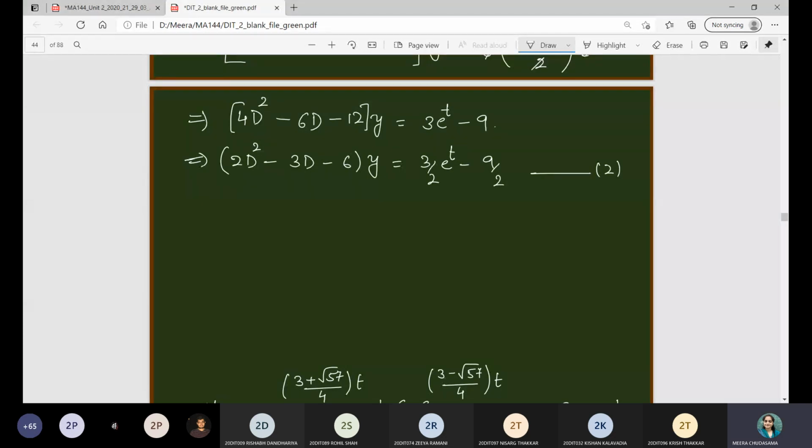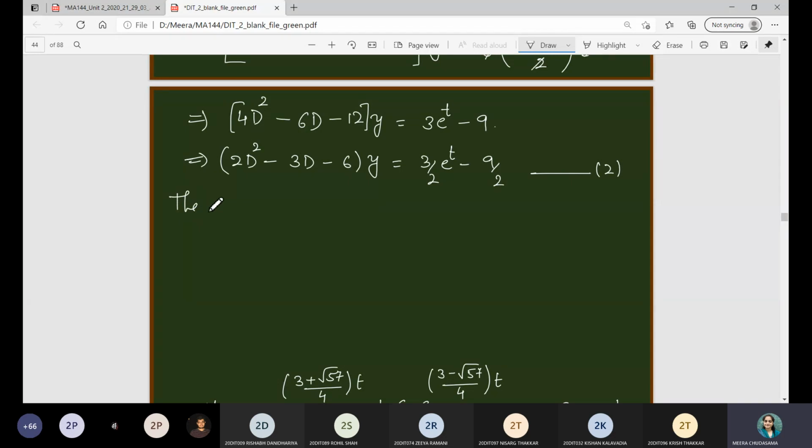Here I will suggest, since the right hand side is given as an exponential function, either you can consider variation of parameters or undetermined coefficients, but since an exponential function is given, I suggest the undetermined coefficient method. It will become easy, I will discuss later why. Right now, those who have obtained this complementary function can proceed to the particular integral, and for those who are not able to get it, I will solve it for you here.